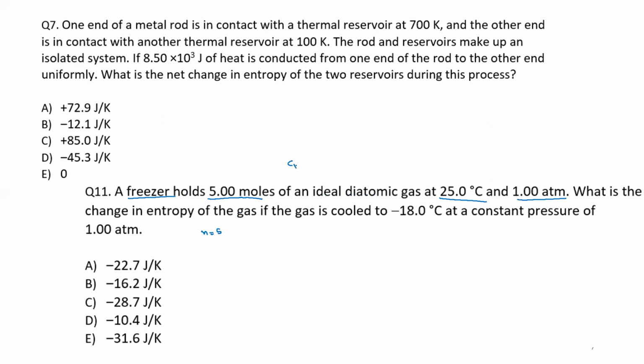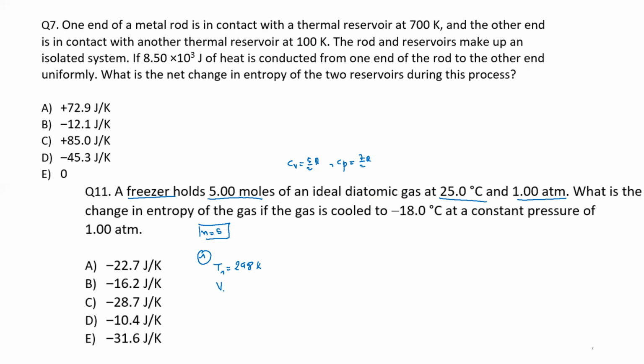Basically, CV is 5/2 of R. CP also, I know it, of course, is 7/2 of R. Okay, so this is my initial state. So N is equal to 5, and this is fixed. My initial state has a temperature T1, which is 25 degrees Celsius. I put it in Kelvin, so 298 Kelvin.